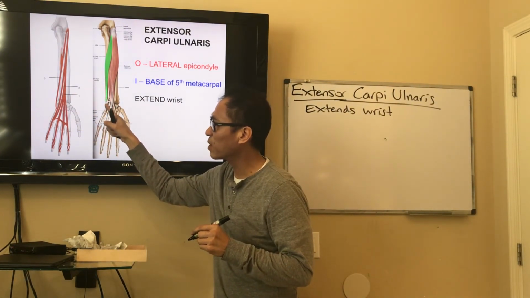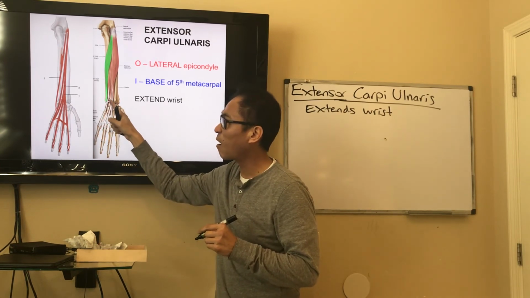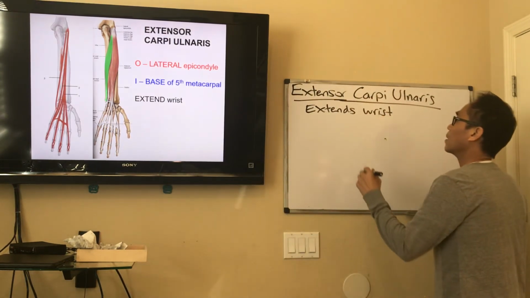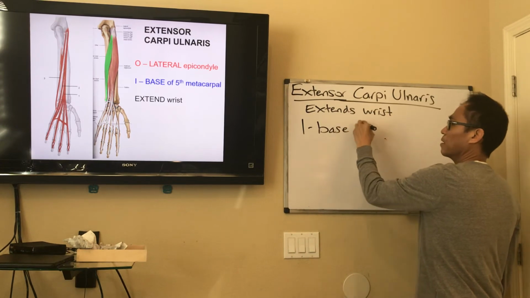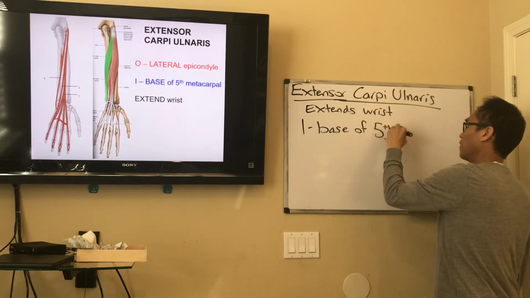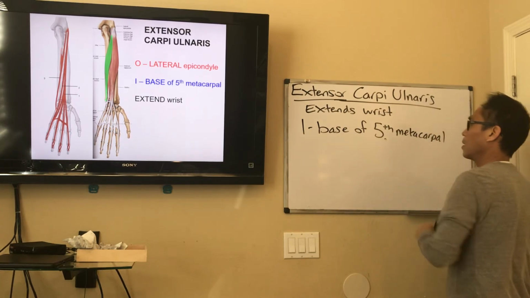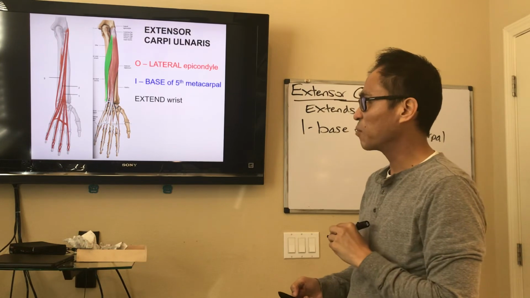I should have extended the green line down to there. I stopped it short there, so I'll fix this before I post it. Inserts base of 5th metacarpal, extend wrist. It definitely crosses the wrist joint.